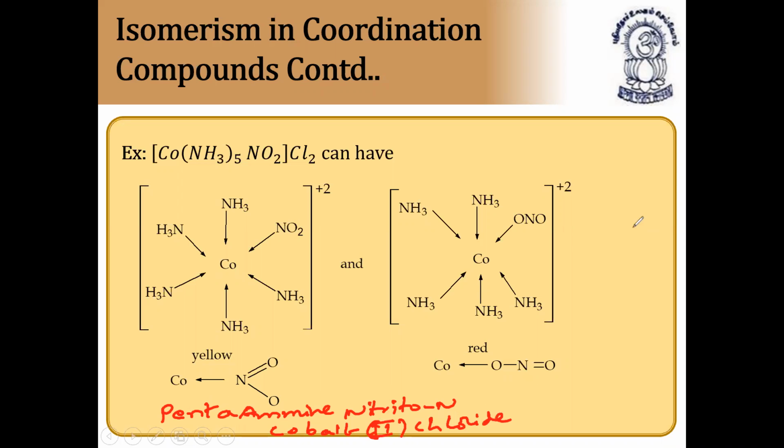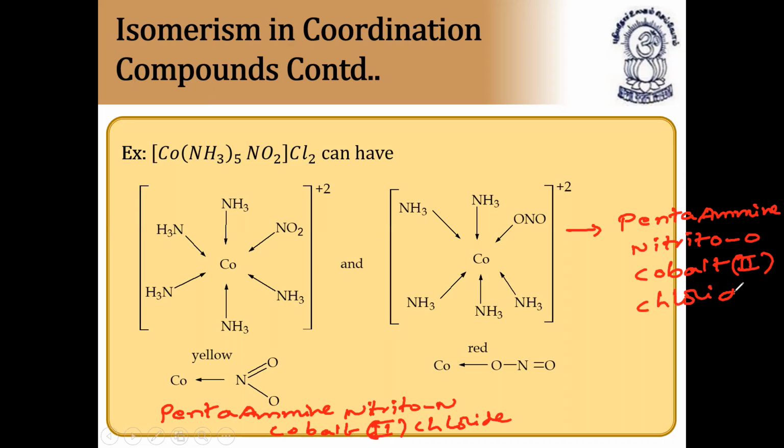And the other one, for this one, is pentaamine, because 5 amines are there, nitrito O cobalt 2 chloride. So this is an example.